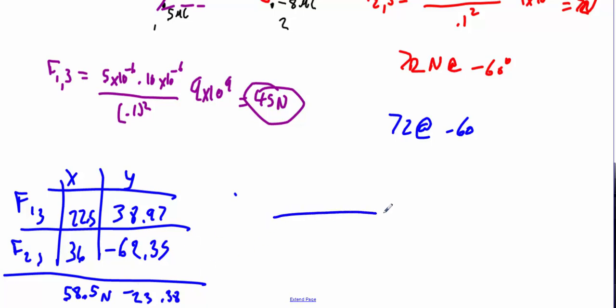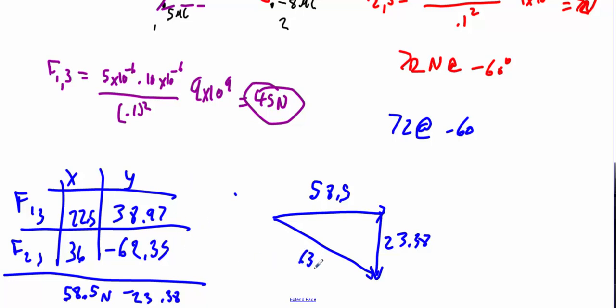And so then I can just put all that together into one final answer. The net force of the two charges on my first charge is 58.5, negative 23.38, and so my resultant force has a total of 63 newtons, and then at this angle, the angle whose tangent is 23.38 divided by 58.5, which is 21.8 degrees.